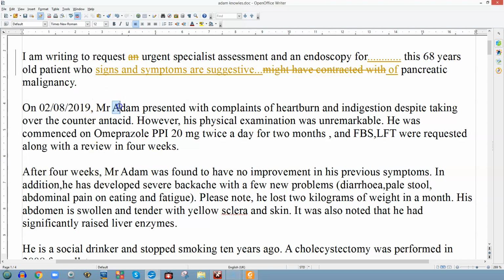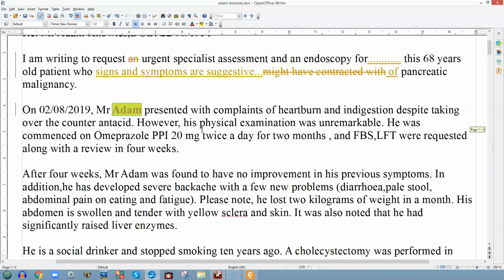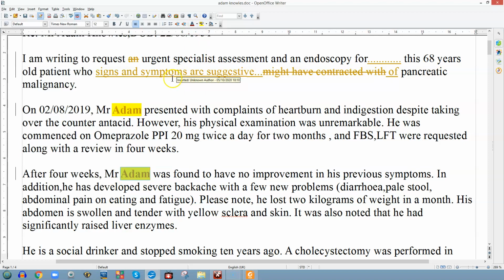So Mr Knowles, not Mr Adam. Besides, he's a pensioner. So if it's a senior, you don't use the first name because it's not respectful, not appropriate. Mr Knowles presented with the episode, along with a review in 4 weeks.